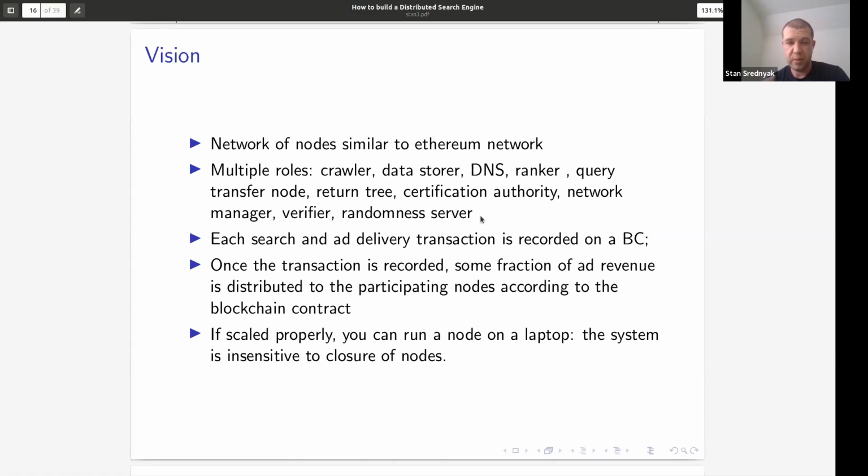So we will have a blockchain, a contract with which participating nodes register, and once the transaction is complete, a signal is sent by the browser of the user that will trigger the distribution of the revenue to the participants. If scaled properly, part of this compute can be done even from a laptop.